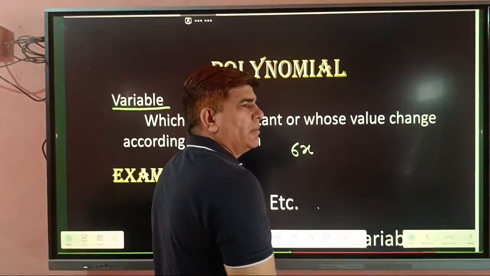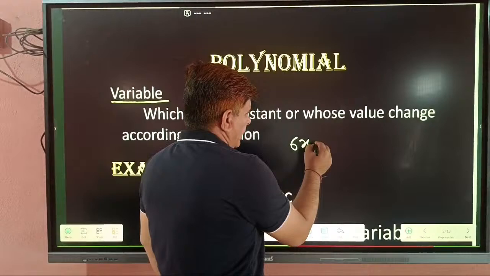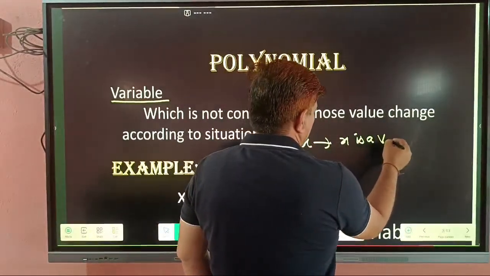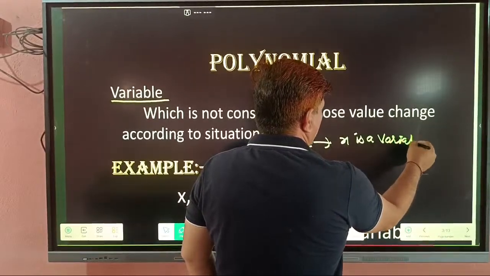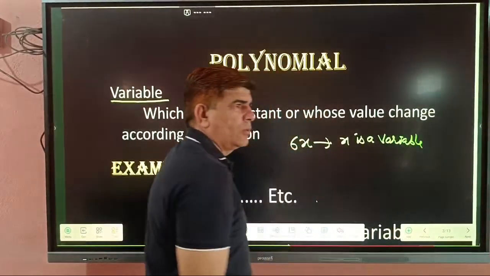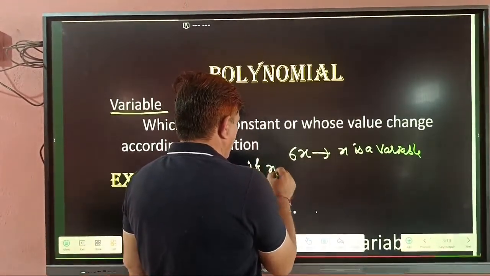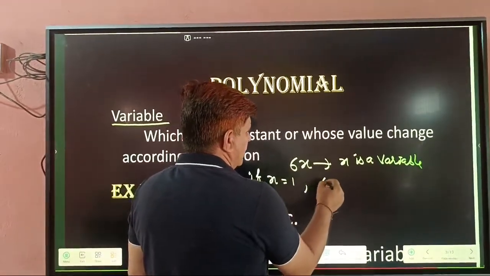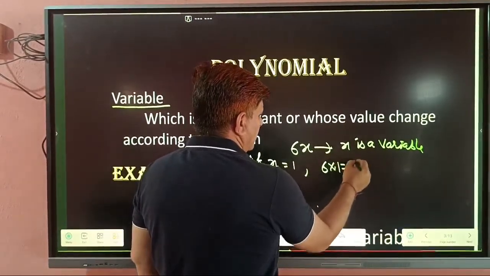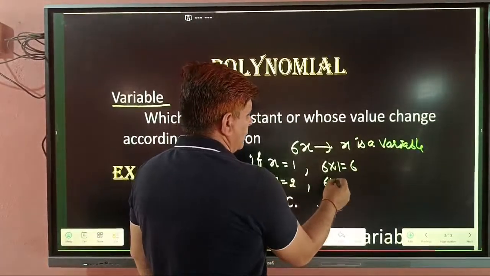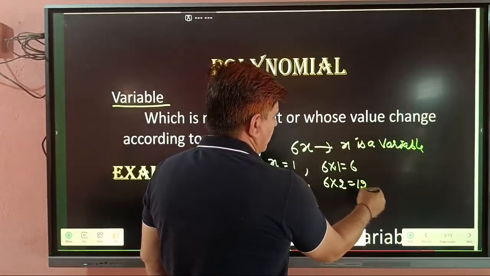So what can you say about this? Here x is a variable whose value changes. If we take x equal to 1, then 6 into 1 is equal to 6. If x equal to 2, then 6 into 2 is equal to 12.